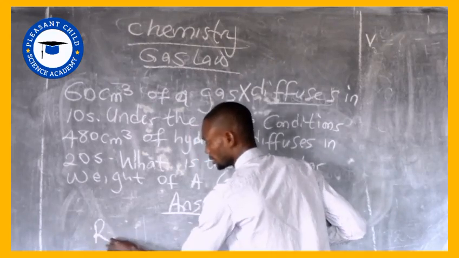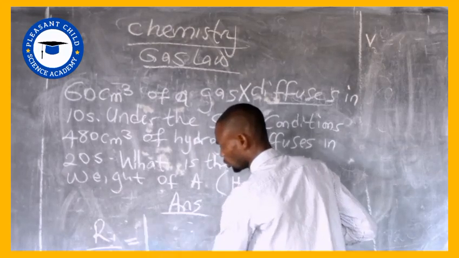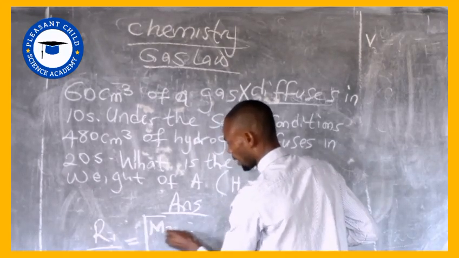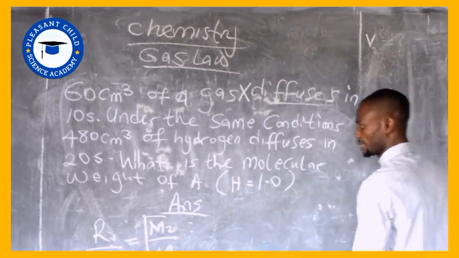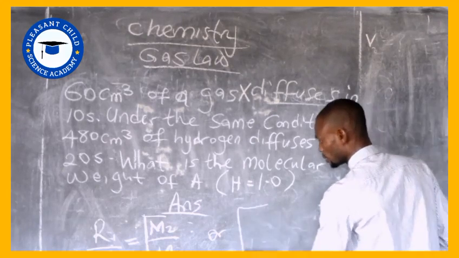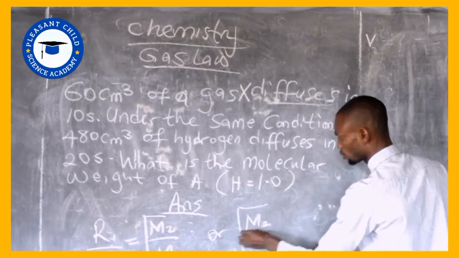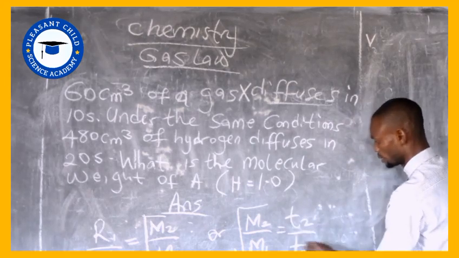Rate 1 over rate 2 is equal to square root of M2 over M1. This is one of the formulas we can use, or we can say square root of M2 over M1 is equal to t2 over t1.